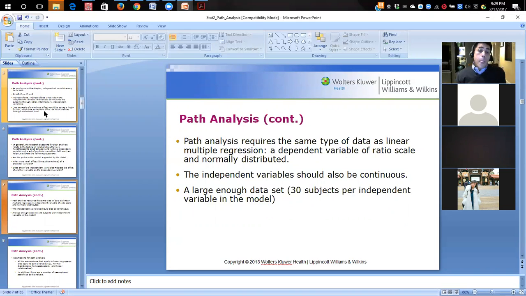And then there should be a large enough data set. The requirement for path analysis is that there should be 30 subjects per independent variable in the model.